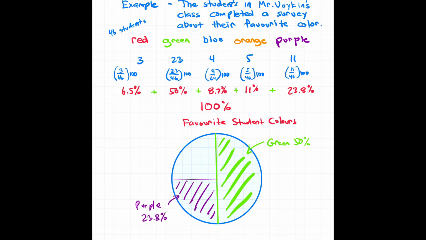Okay, and now we've got those other three. We've got red, blue, and orange that need to take up this last little space that we have right in here. Okay, so the largest of those is going to be orange, which is 11%.